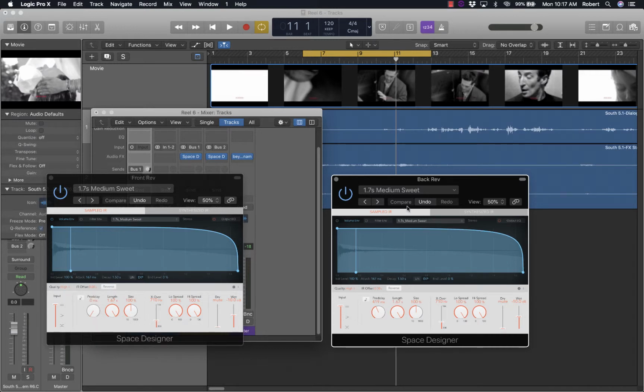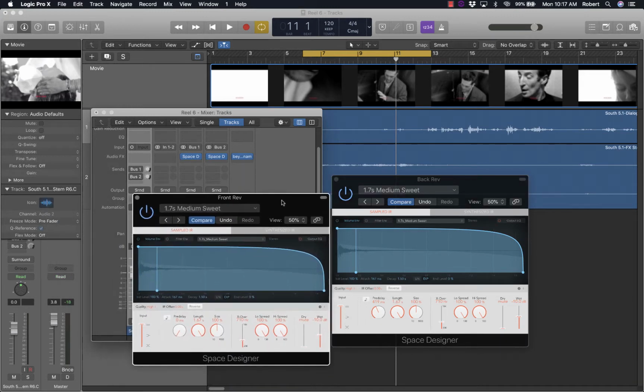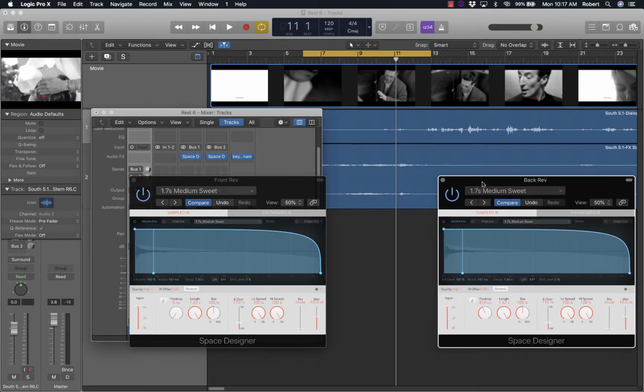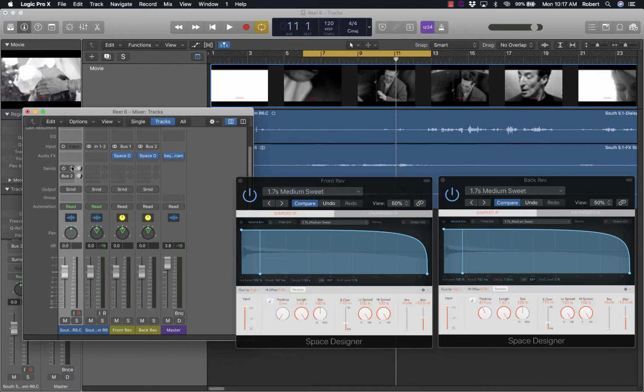When using the reverb in this mode, remember to turn the dry amount completely off, because we will use a send from the channel to the processor itself. Over here I have two sends, so if I apply this to the dialogue channel later, I will send to both processors and adjust the amount of reverberation that we hear by the send level.